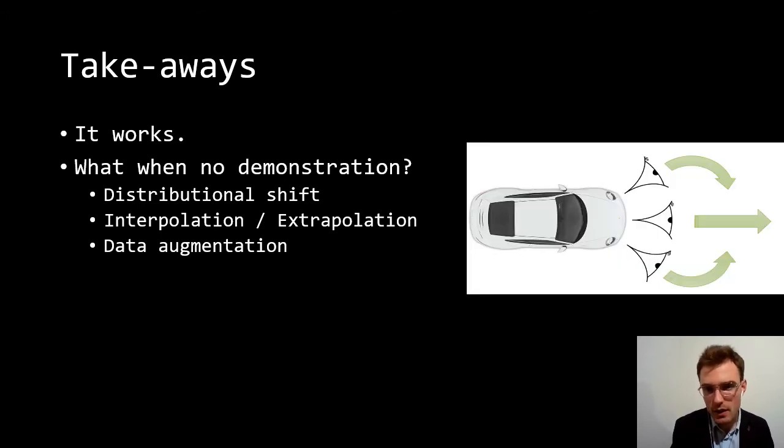This is the idea. Instead of using just the front dash cam view, why not at the same time record the other two on the side, the lateral ones, and say, if you meet this case, then you really should go back to the center. So if you meet the case of the left camera, if you see that, so you probably see the pavement over there, then you really should go right, and that will recover you.